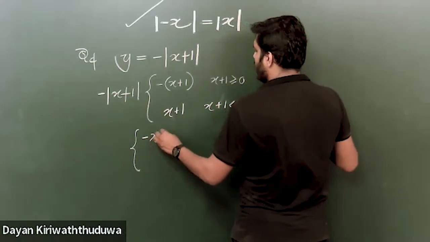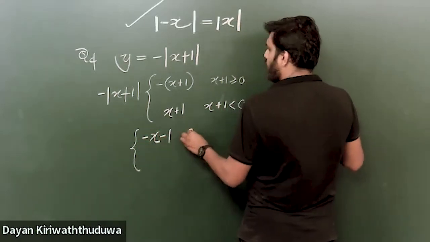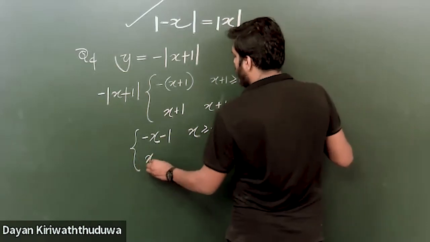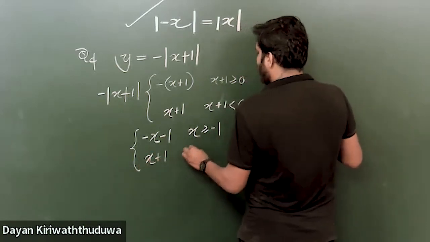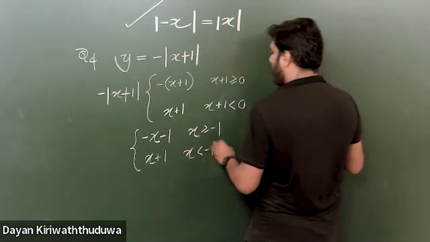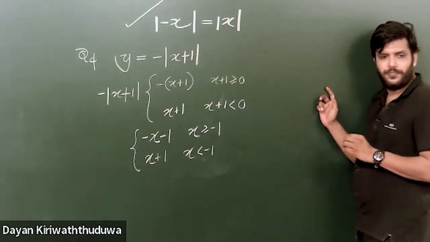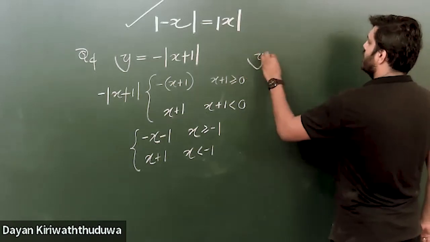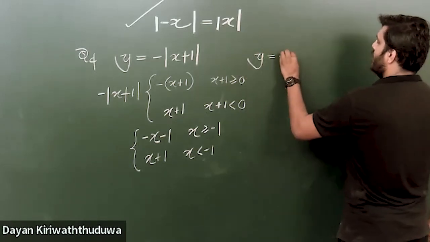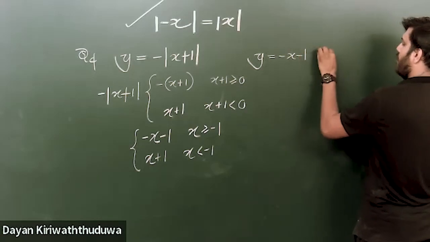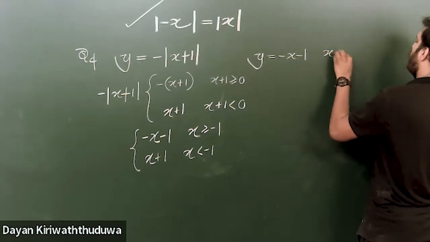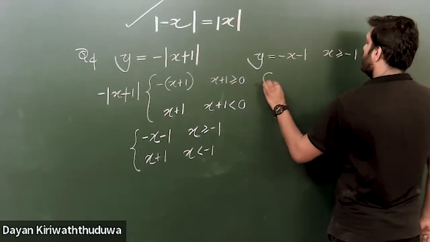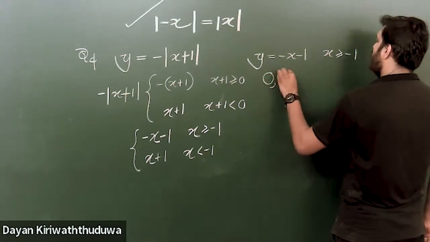So we have minus x minus 1 when x is greater than or equal to minus 1, and we have x plus 1 when x is less than minus 1. Right? So now we can continue. We write y equals minus x minus 1 when x is greater than or equal to minus 1. When the x value is 0, the y value is minus 1.